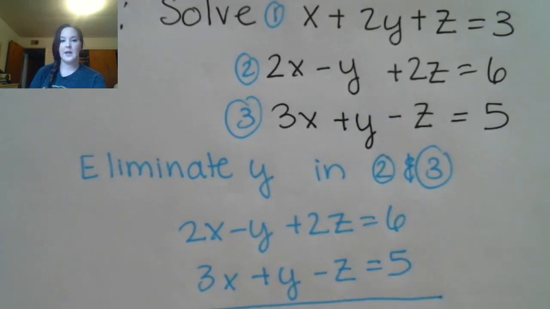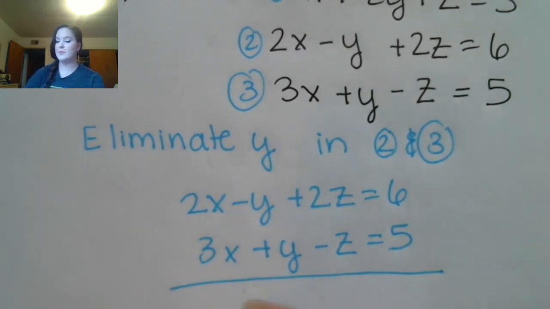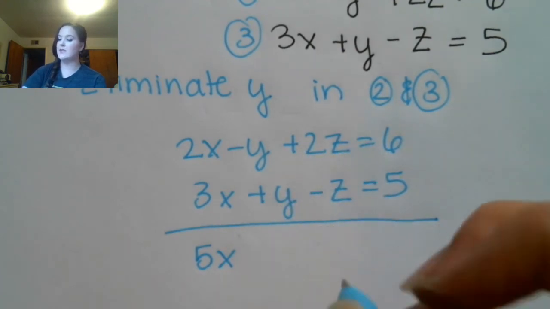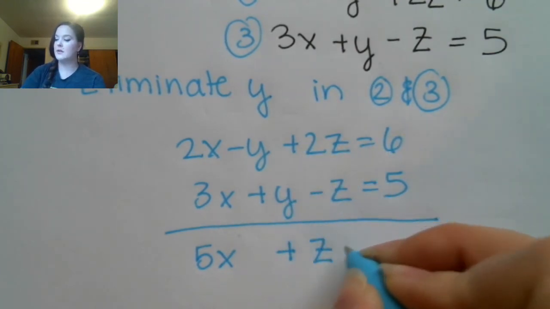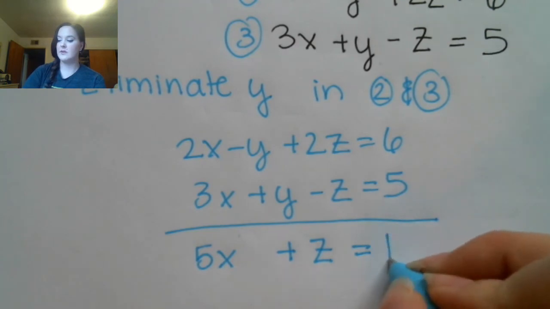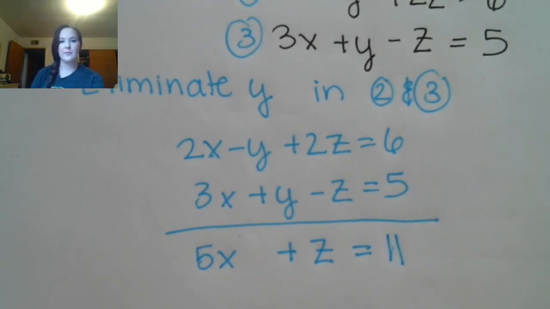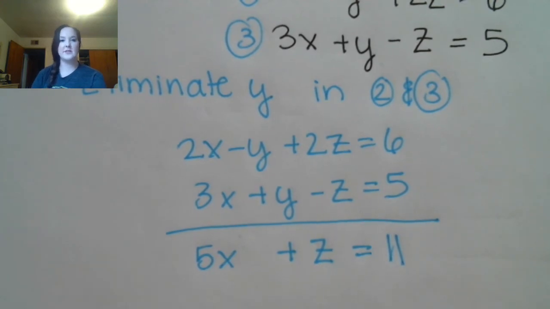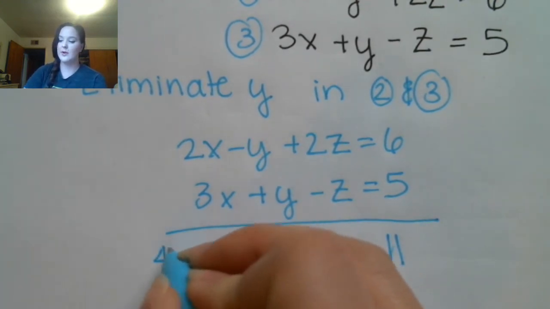And I'm going to add them together. So 2x plus 3x is 5x. Negative y plus y is 0. That's what we wanted. And then I have 2z minus z is 1z. 6 plus 5 is 11. So you can see we're left now with x and z as our variables, and this is going to be our equation 4.